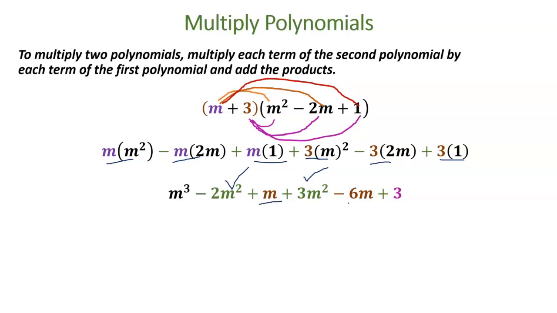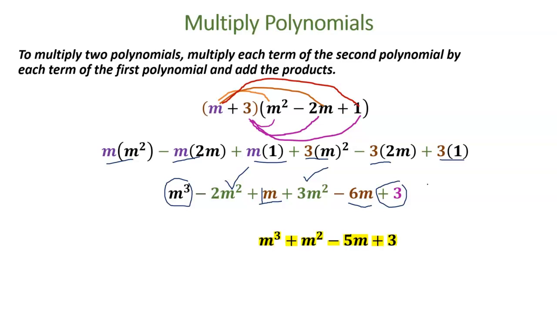Also, m and negative 6m are like. Both are m, there is a hidden 1 in the front. So 1 minus 6m should give you negative 5m. I'm going to leave alone my m cubed and my positive 3 because I do not have anything else to combine those with.